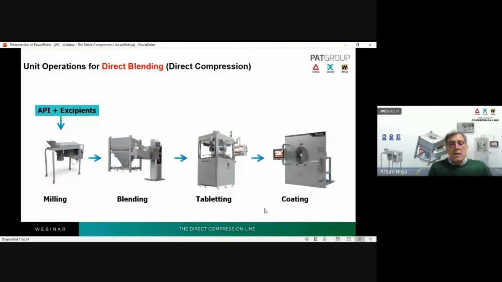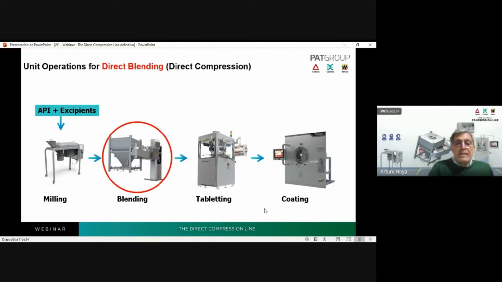In this case, this is an IBC blender. We will speak about this in a moment. When the blending ends, then tableting is done in a high-speed machine, and the tablets are coated in the pan coater.